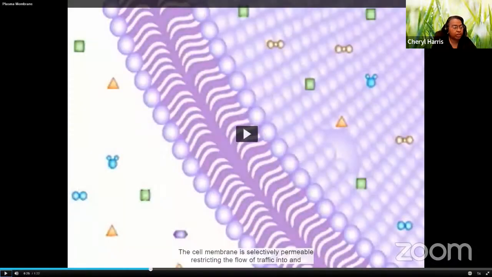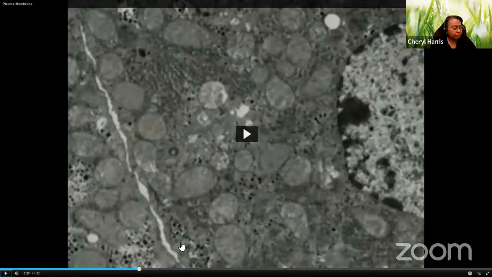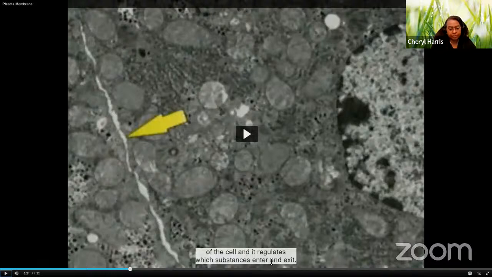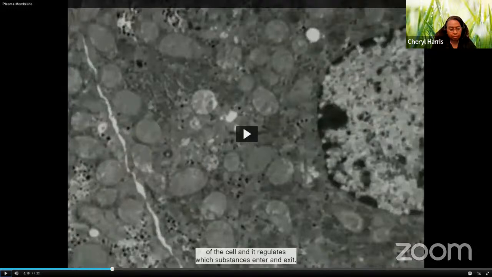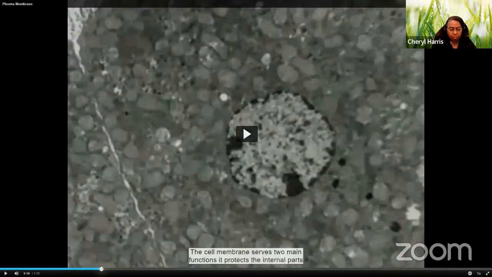Okay, I'm going to pause it there. If you're taking notes, and you should be, let me go back and write down the function of the cell membrane. He mentioned two, so I'm going to take it back a little bit and let him repeat that. All right, let's start there. It has two main functions.